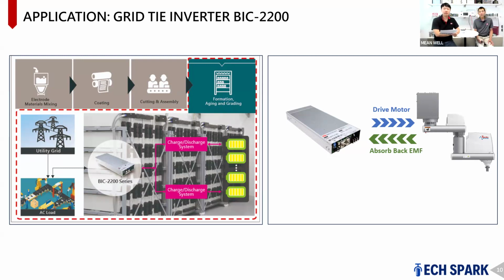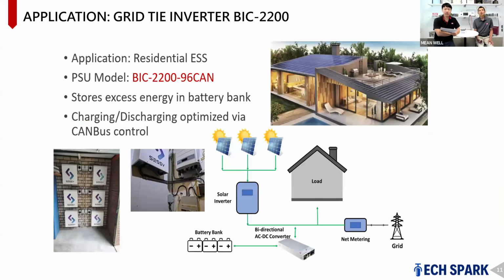I see. All right. So is there another application for us that is more residential or commercial? This is the last one, where a customer in Europe uses something like a Powerwall here in the US.